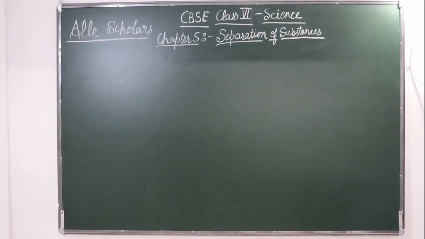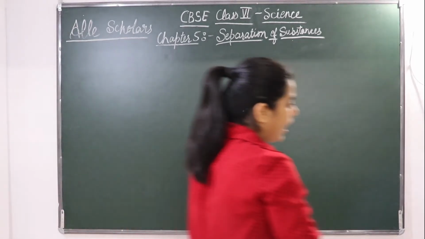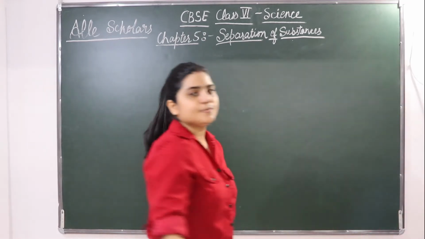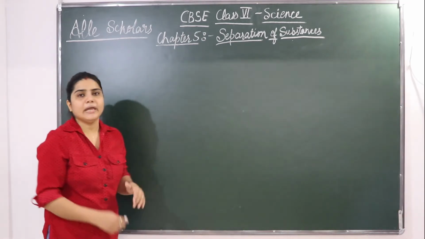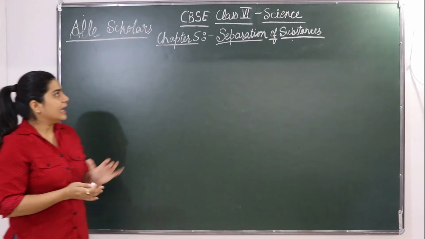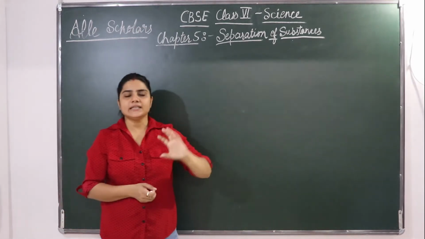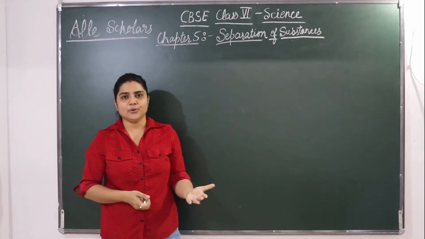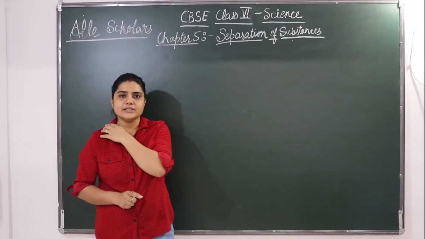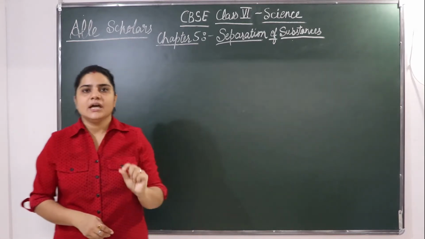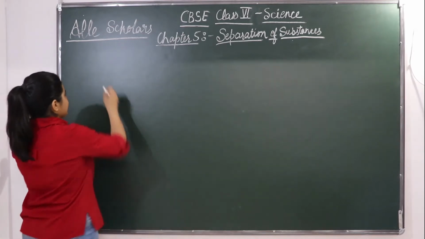Now what are impurities? Impurities are unwanted particles present in the substance making it impure. Okay, if in any substance a particle is present that makes it impure and that is unwanted, there is no need of that substance, that is called impurities.